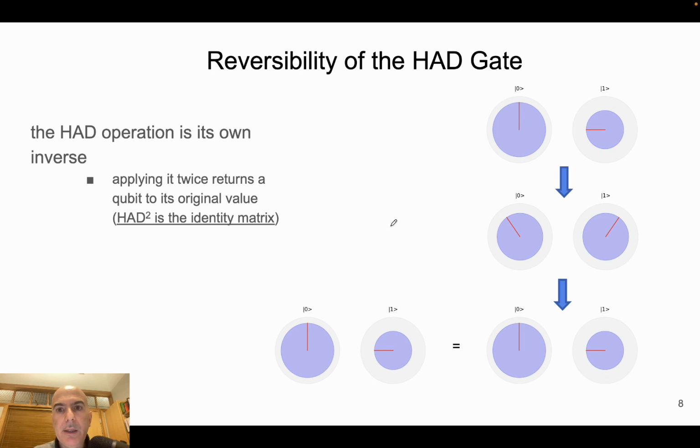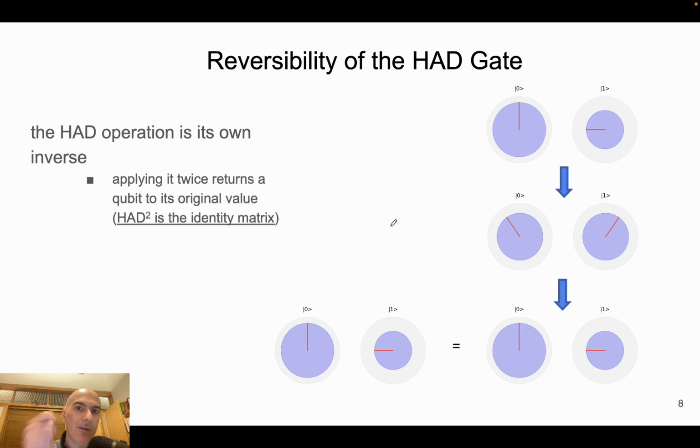As I said, the Hadamard gate is a quantum gate. That also means that it must be unitary, that is, by definition, reversible. One interesting part is that the Hadamard gate is its own inverse. So, for instance, if we apply the Hadamard gate twice, we will get the initial condition.